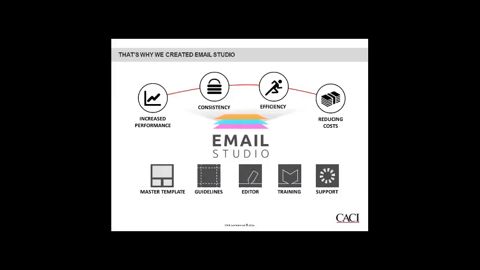So that's why we created Email Studio. Email Studio is a service that we provided where we lock down email best practice into a master template, which may include 40, 50 plus rows, different layouts of rows for each brand or product that a user can go in and select from and build their own email campaign from. Guidelines on how to use that master template and how to write content within it.